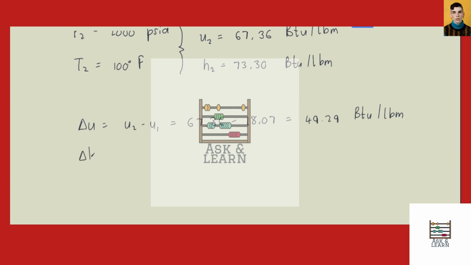The change in enthalpy, delta H, is equal to H2 minus H1. And this is 73.3 minus 18.21. Hence we get delta H to be 55.08, also in BTU per pound mass.